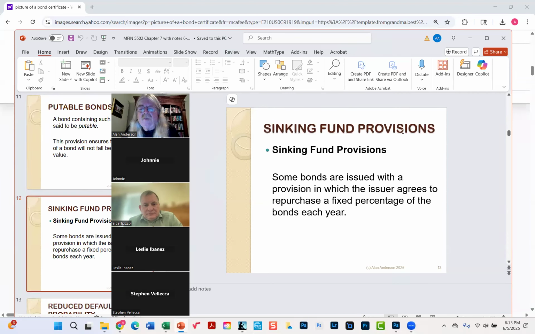Sinking funds are when the corporation does special things, which would normally not happen with treasuries. Treasuries usually have very few special features built into them, because that reduces their attractiveness to investors, and the government needs to raise money. They need to borrow money, so they have to make the bonds as convenient as possible. And so that's why they tend to shy away from these types of special features.